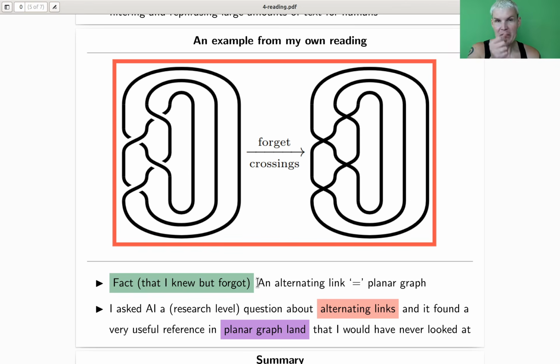And I probably would have never picked up that paper because I was trying to look for alternating links, not planar graphs. And that was really, really cool, really efficient, and a key example of how AI can be used. It's a research level question. And of course I did everything in the end, but it pointed me to the right thing.